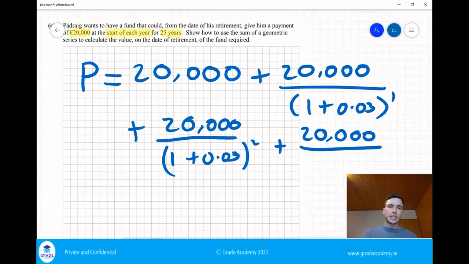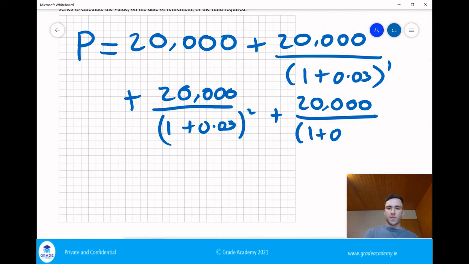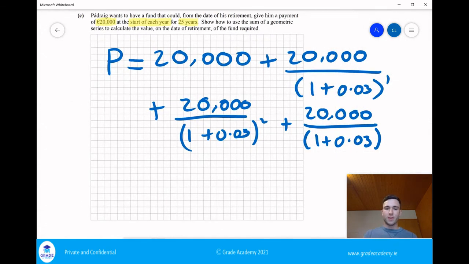So if this is going on for 25 years, what is this value of t going to be here? Some of you might say 25, but if you think about it, if we say 25, then we're going to have 26 payments, and he's only taking out 25 payments. So this has to be 24, okay? Because on that 25th year, he's not getting any interest for that final year because he's taking it out at the start of that year. So that is why this is 24.